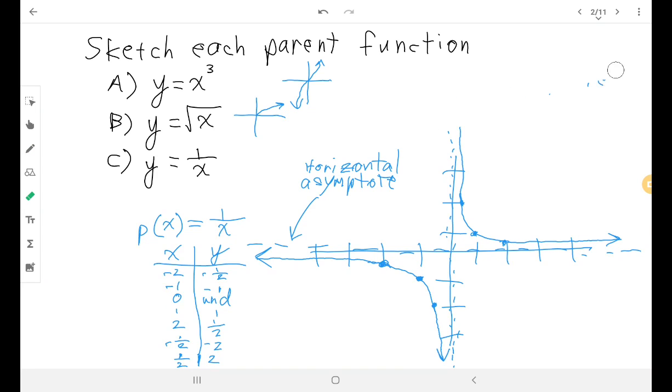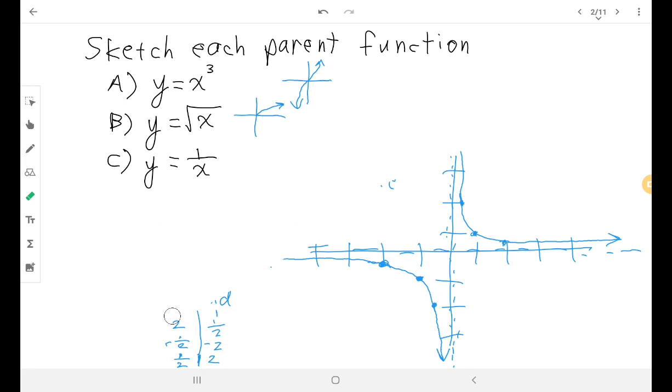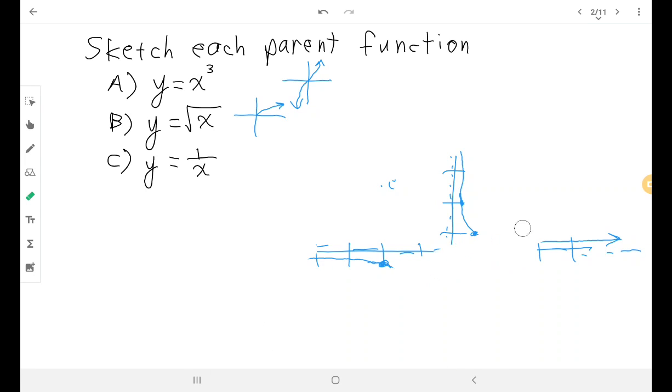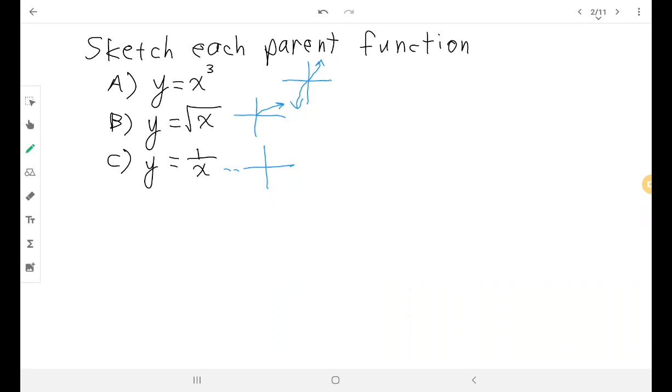So let me get rid of this, and then we'll sketch a small version of that parent function. There are a lot more parent functions, and you're going to run into them as you go through this lesson. A lot of them you can do with a table, like these ones. So I need an asymptote there, and I follow the asymptotes.